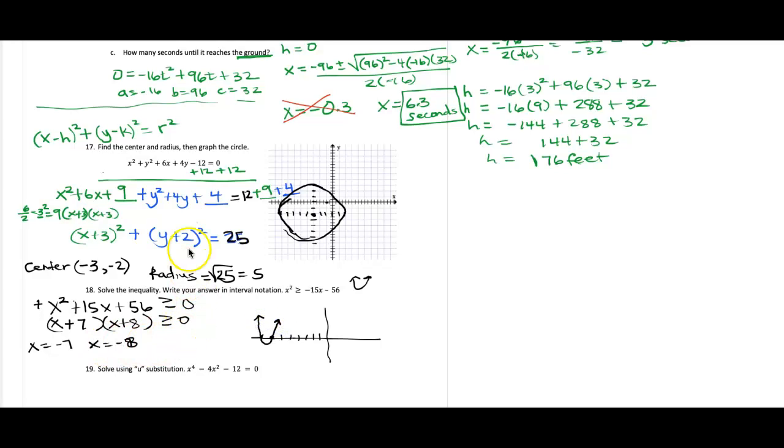Now I want the stuff that is greater than or equal to 0. What kind of numbers are greater than 0? Positive numbers. So that means we want the stuff that's above the x-axis.